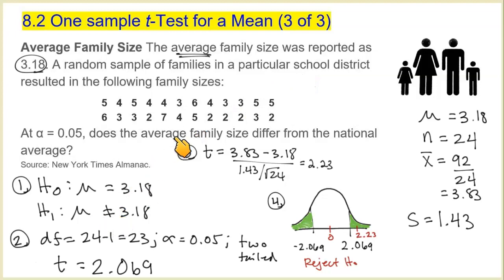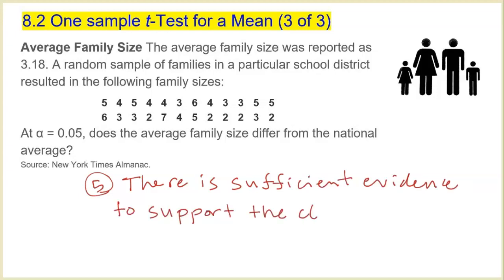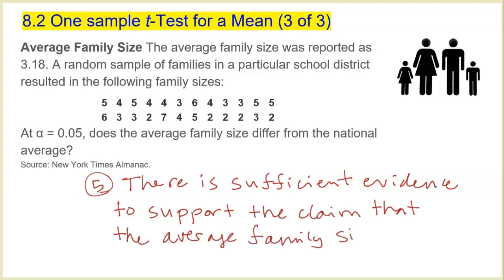In this case, we could say yes. Does the average family size differ from that? Yes, that's true based on our results here. And then we just summarize that. So there is sufficient evidence to support the claim that the average family size does differ from the national average.